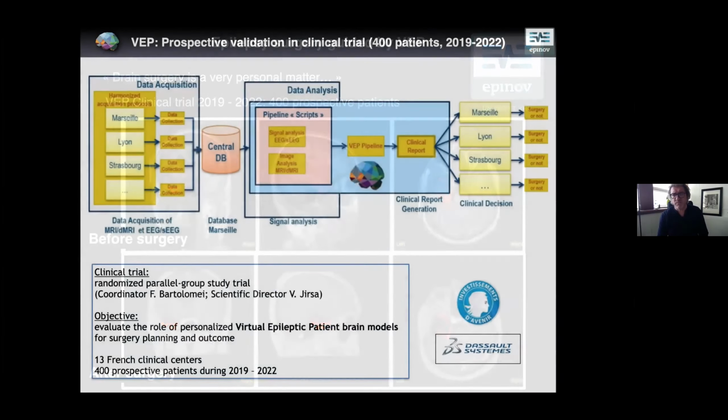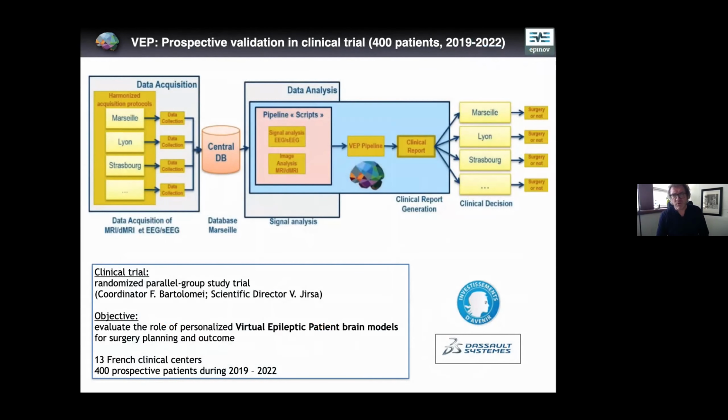We're doing this in France in 13 centers, where the workflow is as follows. We collect patients in these centers where the data are harmonized, centralized in Lyon, and then anonymized, of course, sent to Marseille, virtualized, analyzed, information is compressed, and an estimation is sent back to the clinicians, where they use it in their clinical staff meetings for patient evaluation.